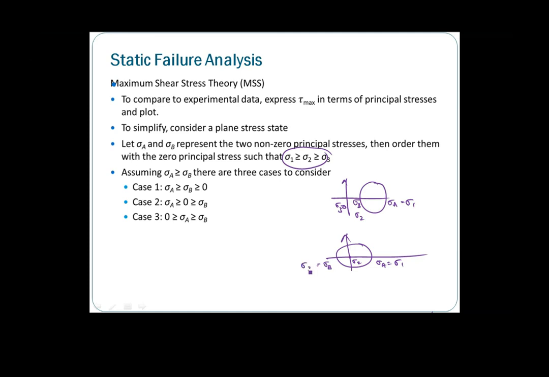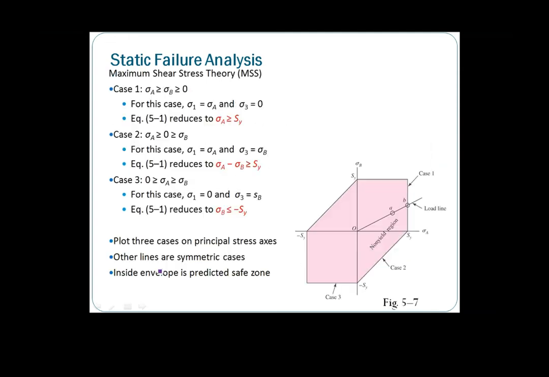So that is another case. Another one happens when both are negative. So we have our sigma 1, sigma 2, sigma 3, which are sigma A, sigma B. So we have 3 conditions in terms of plane stress.